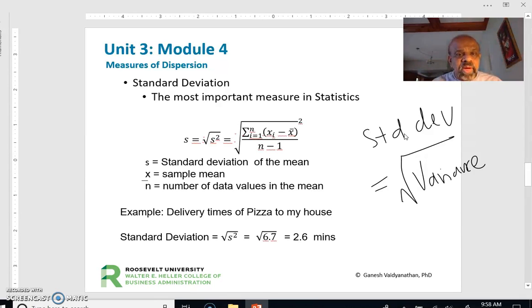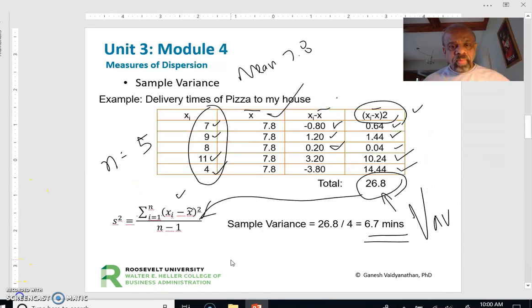Note that when we talked about the variance, we talked about s squared.